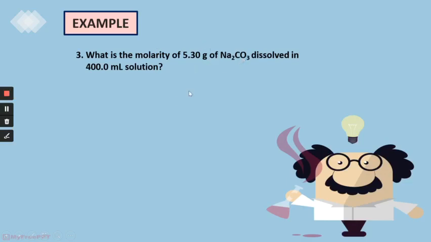The given information is the mass of the Na2CO3 and the volume of the solution, but in unit milliliter. So firstly, you must calculate the number of moles. Number of moles equals mass over molar mass. The mass is 5.3 gram, and the molar mass is 106 gram per mole.